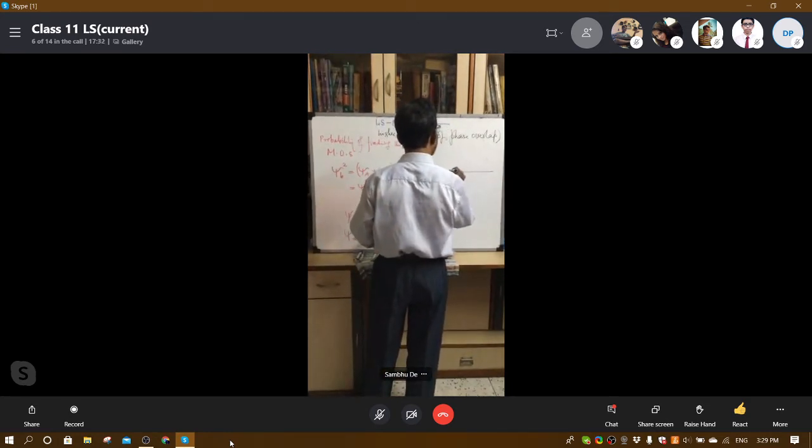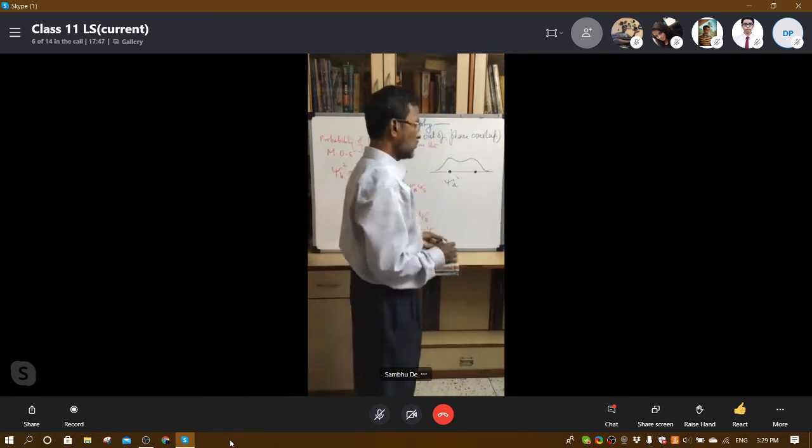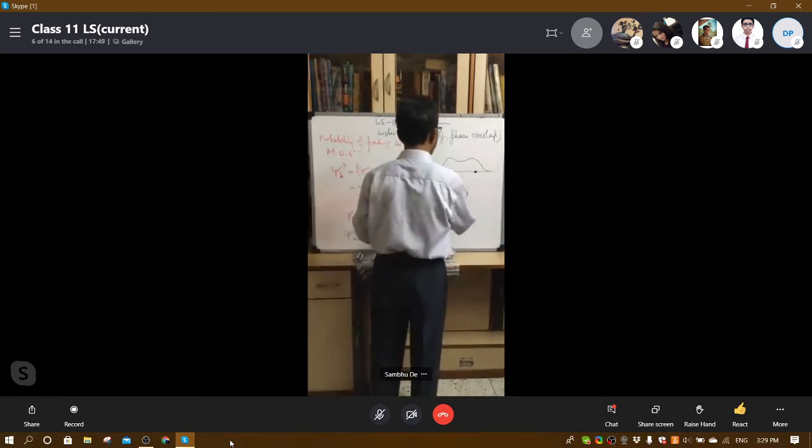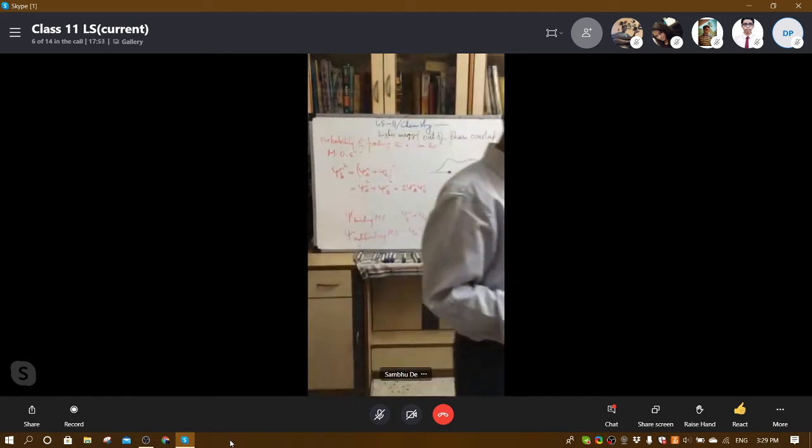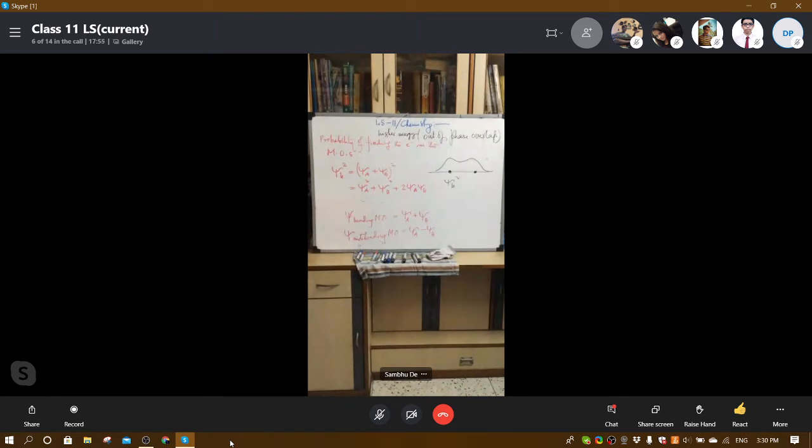This is a nucleus. This is another nucleus. So the wave function will have a shape like this. This is psi square A. The psi square B, bonding. The probability of finding the electron will be there in between the two nuclei also.